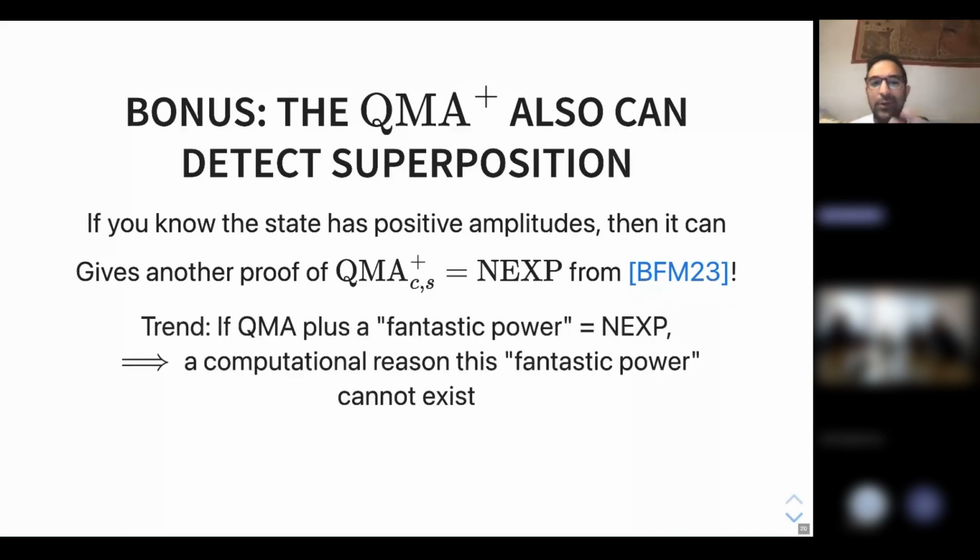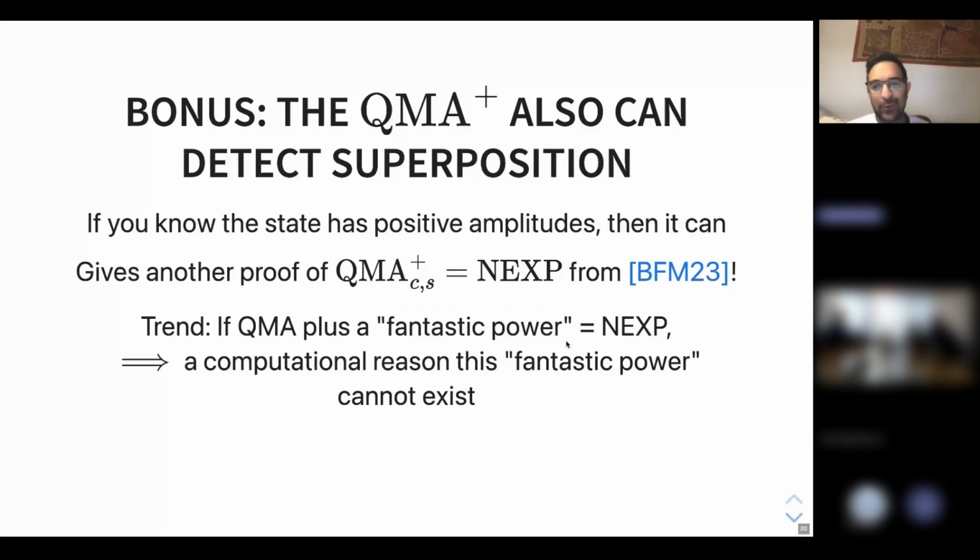And so a trend here is, maybe if QMA plus some fantastic power is equal to NEXP, then this also gives you a reason why this fantastic power cannot exist. Because we think QMA is not equal to NEXP. QMA is in PSPACE, is in PP. And so this gives you a way to probe other fantastic powers that you think should not exist.